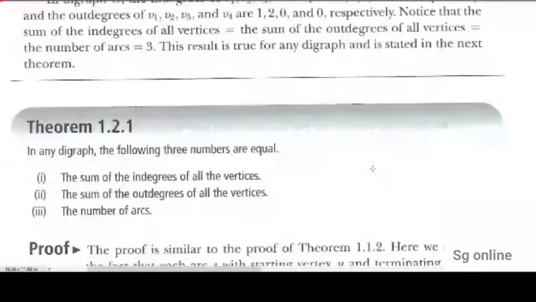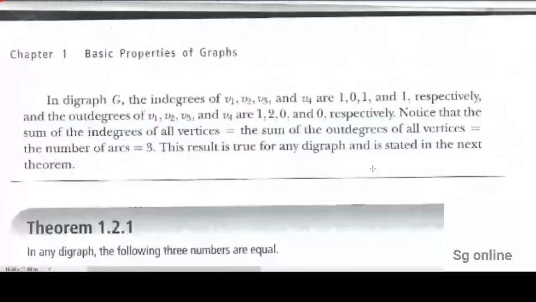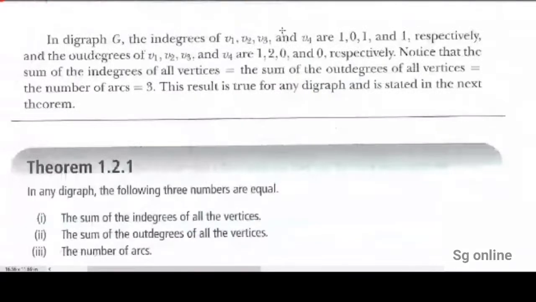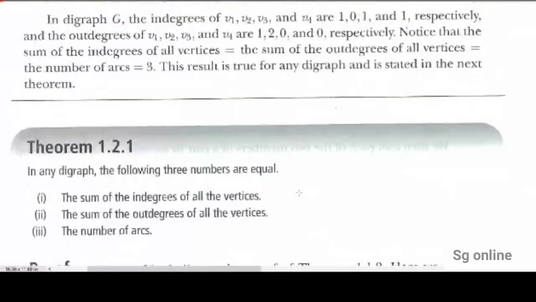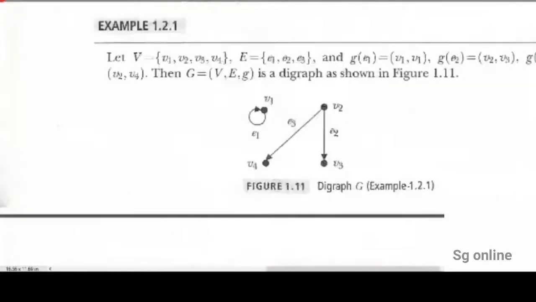Then we have a similar kind of result in the directed graph also. As I told you about in neighbors and out neighbors in our previous class, in the same way, for a directed graph we can define in degrees and out degrees. Let me show you a directed graph, for example this one.